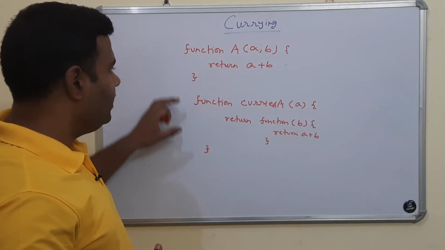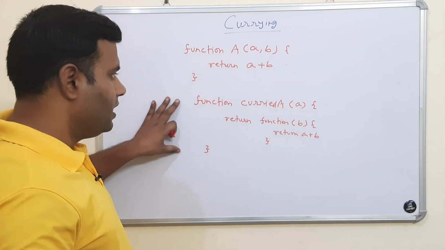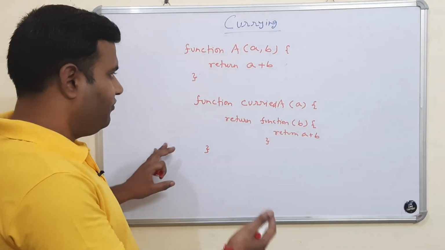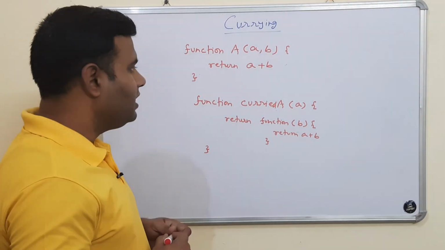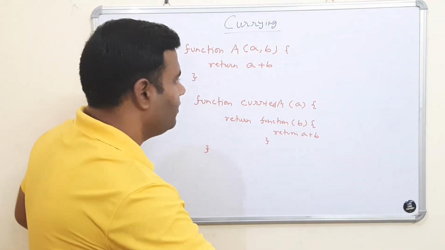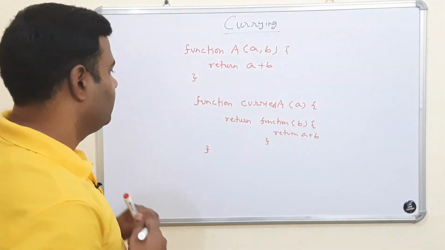So you have a function and you made a curried version of that function. Now let's take a different look. Using the arrow function, you can write the same logic in a very concise manner.